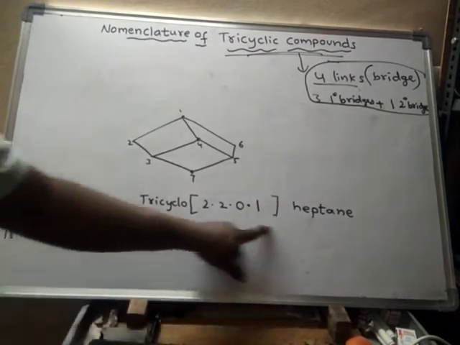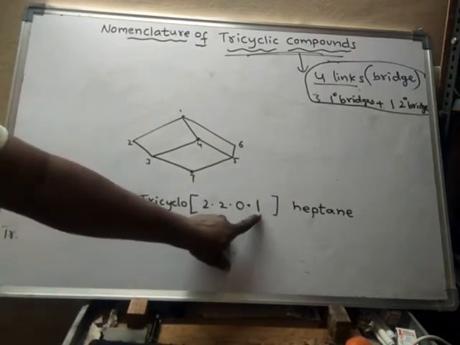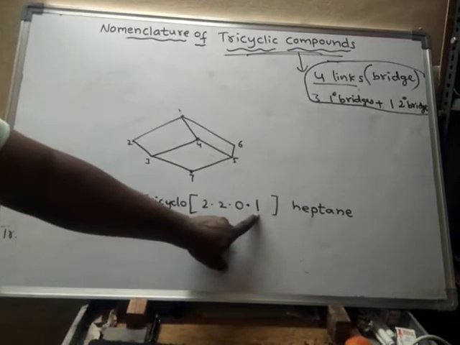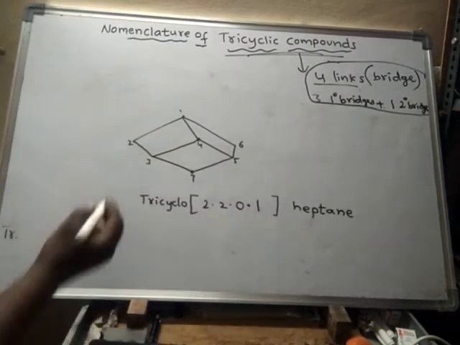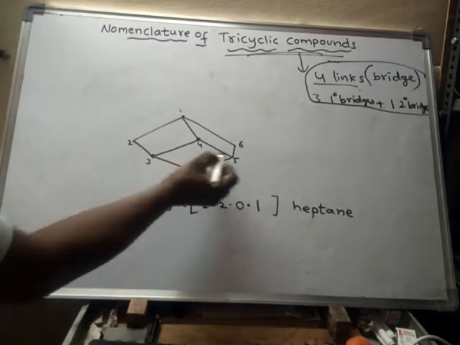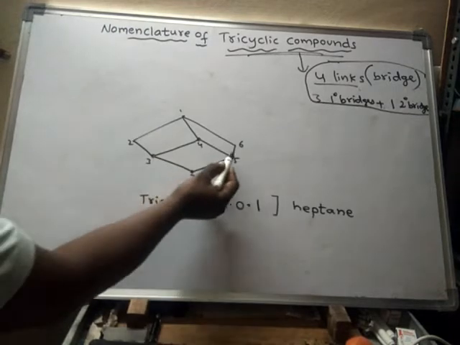So here the naming should be given like how we gave naming to the bicyclo compounds. But for the secondary bridge, or the link related to the secondary bridge, between which locants is it? Between locant 3 and locant 5, this bridge is present.